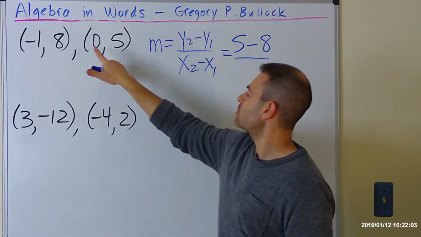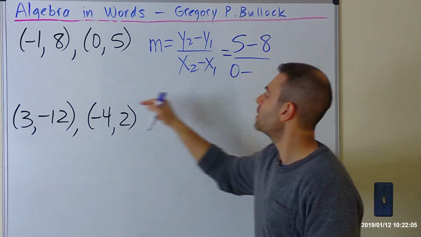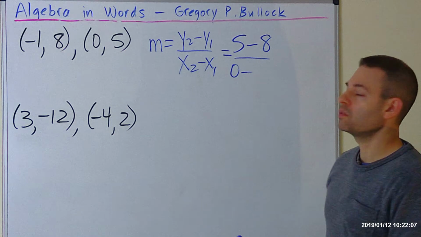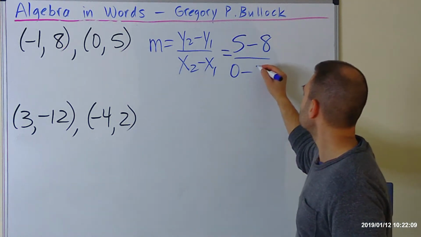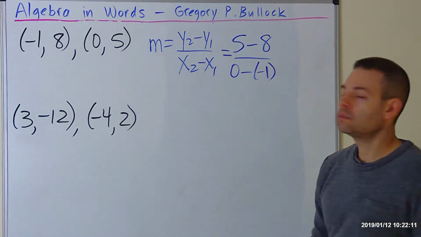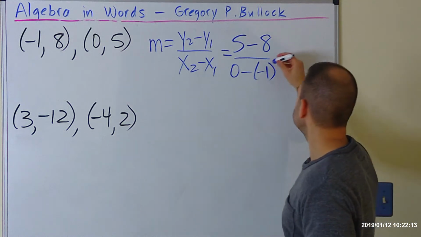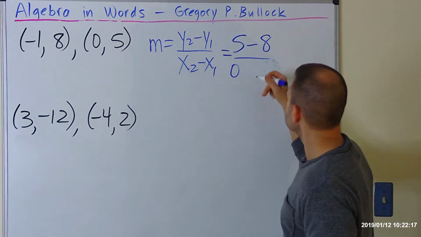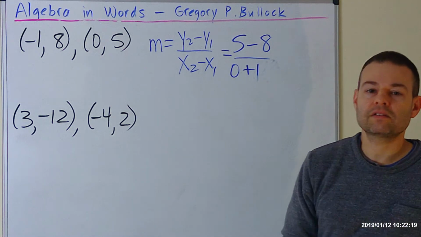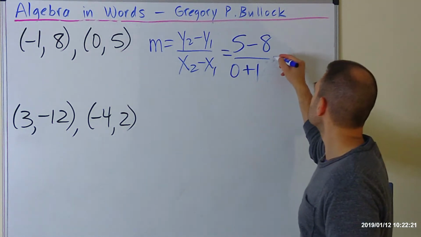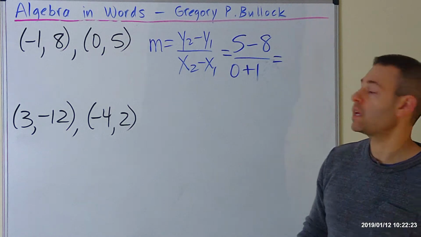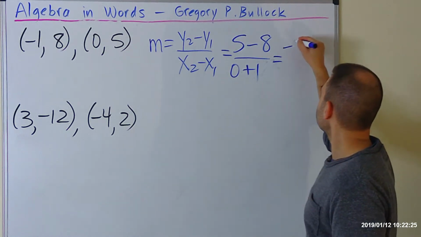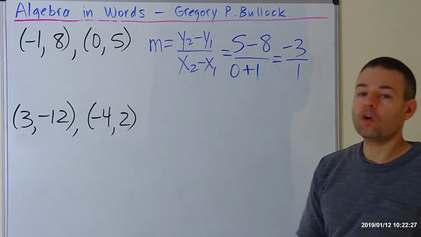and this would be x2, 0, minus -1, so since it's minus a minus, we can just make it plus. Alright, and let's just simplify that real quick. 5 minus 8 is -3 over 1.